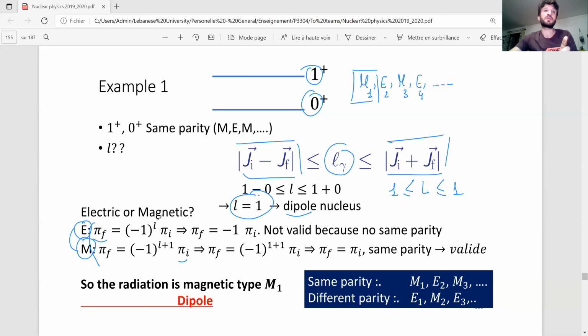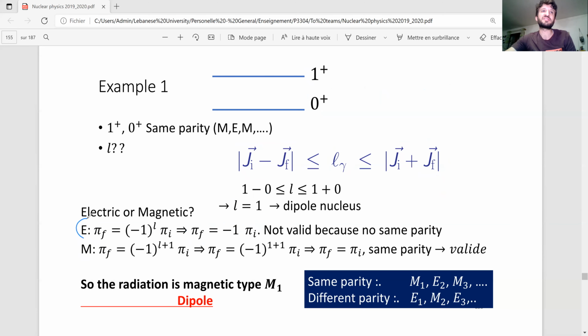We put L equals 1 here, and we finally get pi final equals minus pi initial. It's not valid. Here we are studying the electric case, so we don't have E1, because we get pi final equals minus pi initial, but here we have pi final equals pi initial.